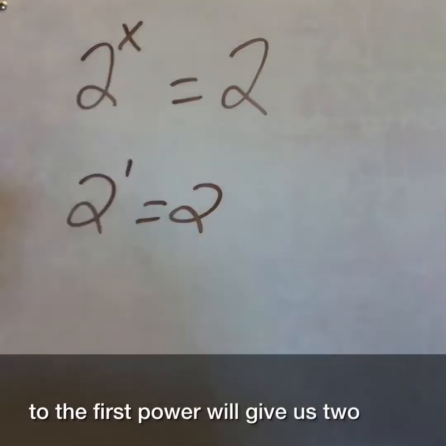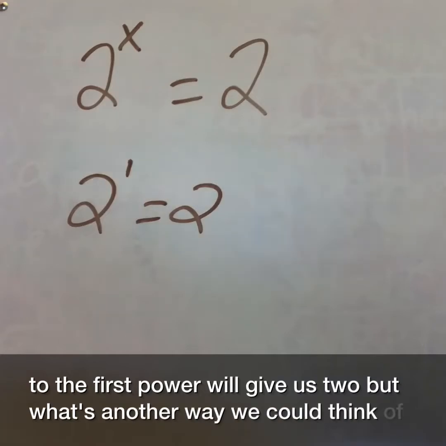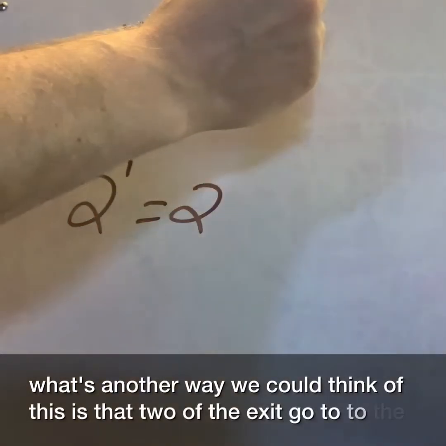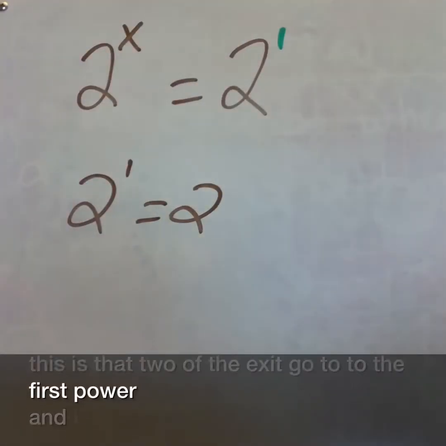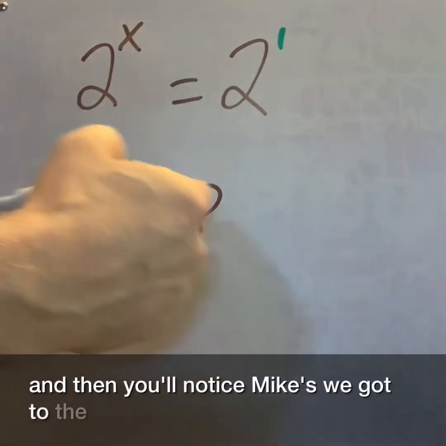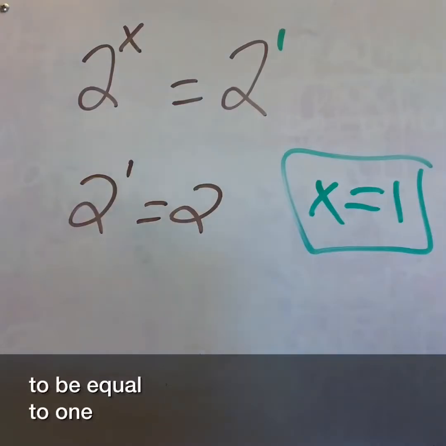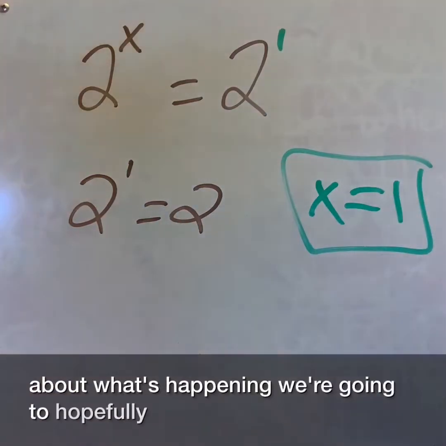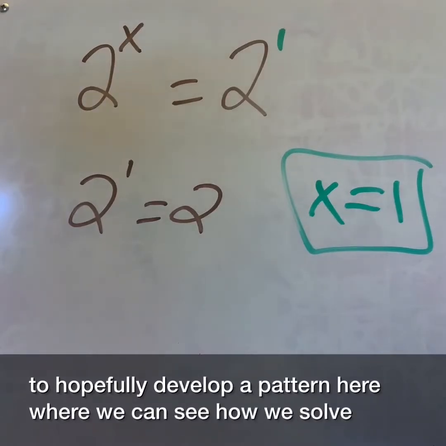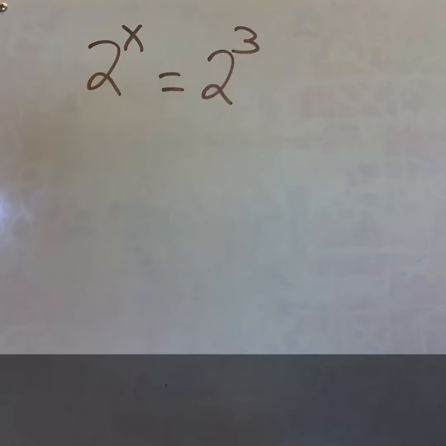will give us 2. But another way we can think of this is that 2 to the x is equal to 2 to the first power. And then you'll notice, because we got 2 to the first power equals 2, that x is going to be equal to 1. So just think a little bit about what's happening. We're going to hopefully develop a pattern here where we can see how we solve for the variable.